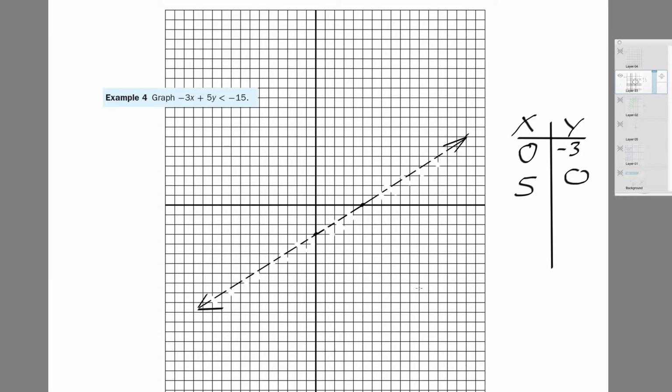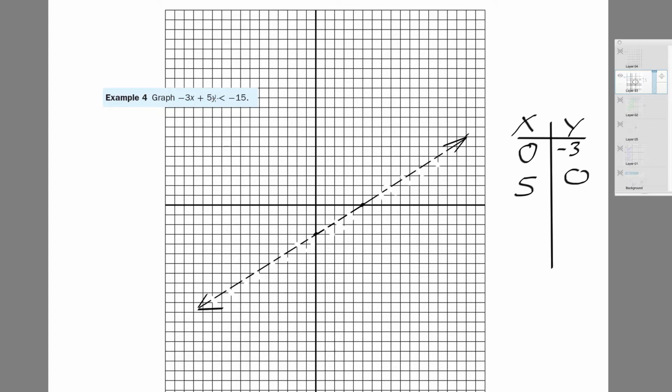Now I can test that if I'm unconvinced. So I'm going to again use 10, 0. Negative 3 times 10 is negative 30. Plus 0 is still negative 30, and negative 30 is indeed less than negative 15.